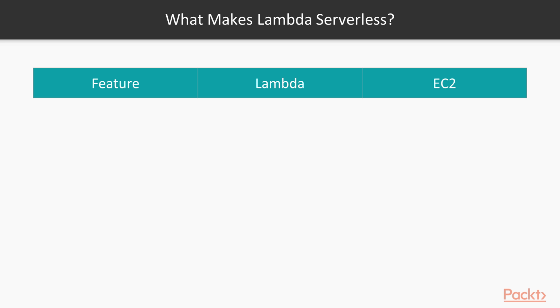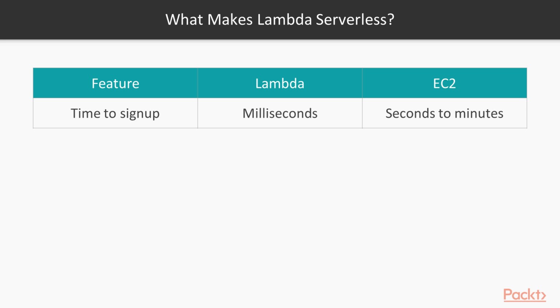I mean, at the end of the day, it is running on a server somewhere, right? So, to answer this question, let's compare Lambda to AWS's Elastic Compute Cloud, EC2 for short. One is the time to sign up. So, on Lambda, you can create a new execution of your function in milliseconds, and if it already has an environment running your function, it can execute almost instantly.